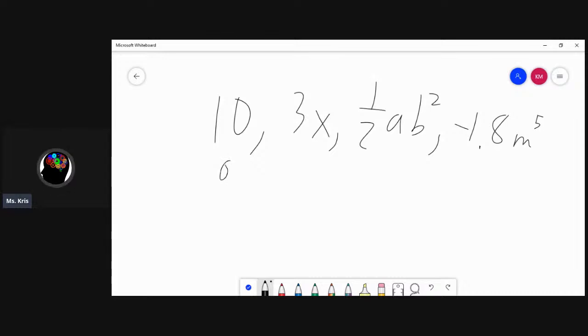So 10 has degree 0, x has 1, 1/2 a b squared has 3, because it's a to the first and b to the second. So I add the exponents together of the 2 bases, and that gives me 3. And the degree of negative 1.8 m to the 5th is 5.